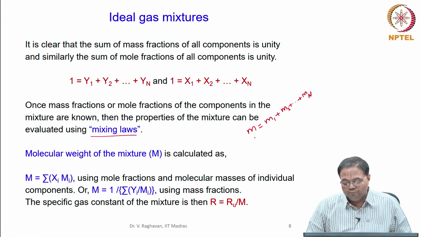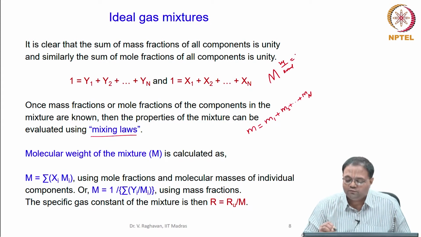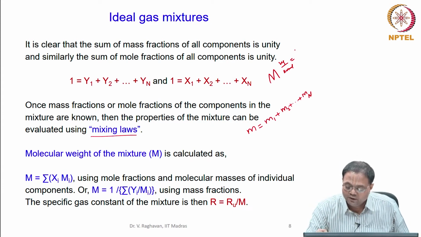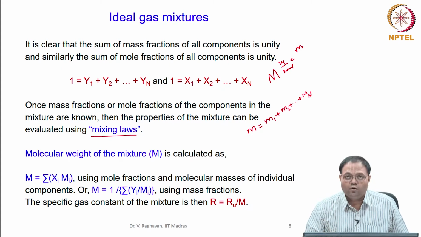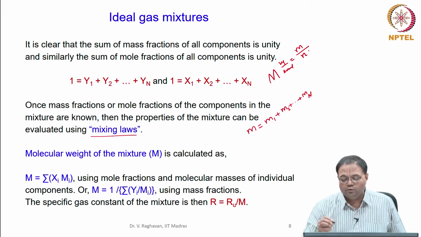Okay. Now see, molecular weight M is in kilogram per kilomole. So this means I can write this as the mass of the mixture divided by the number of moles of the mixture, kg per kilomole, correct.